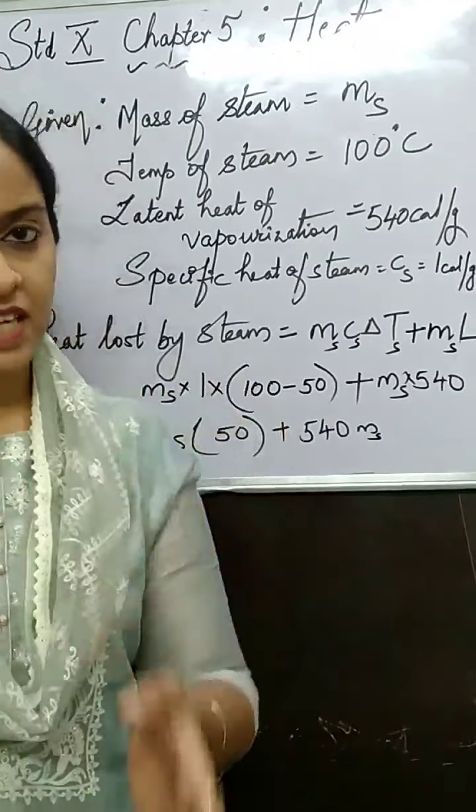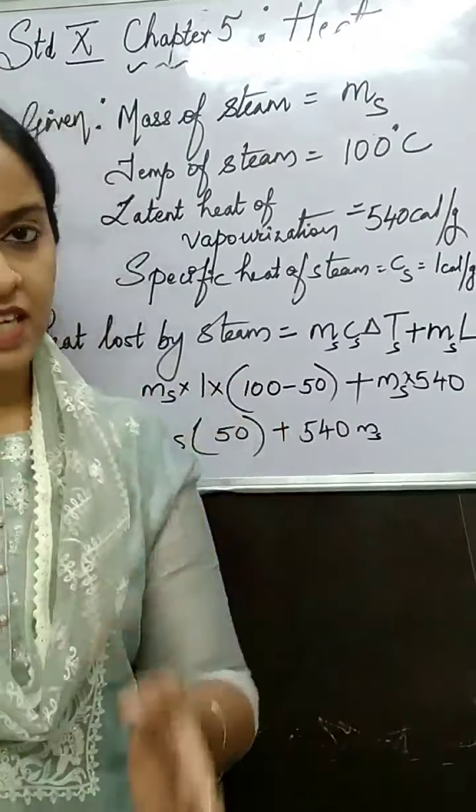For ms, the mass of the steam, how much did we get? 33.05 grams. 33.05 grams of steam is required. That's it. Easy. Now let's go on to the last sum.